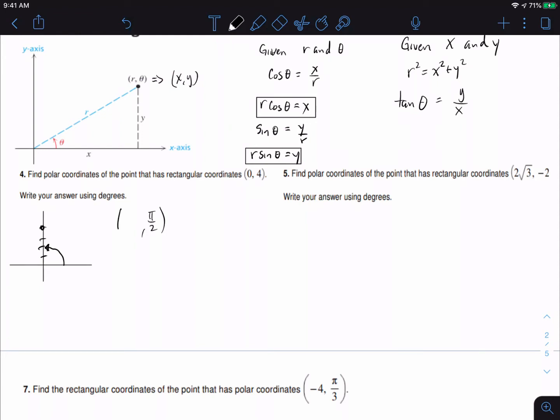And what is my radius? And remember, it's from the origin. So what would the radius be? Shouldn't it be 4? Because this distance from here to here is 4, right?